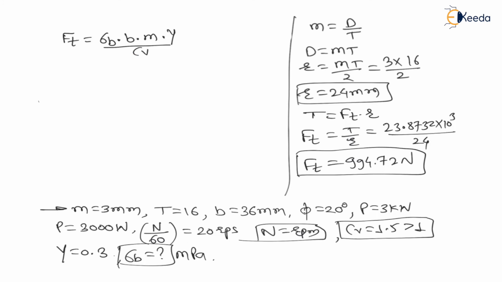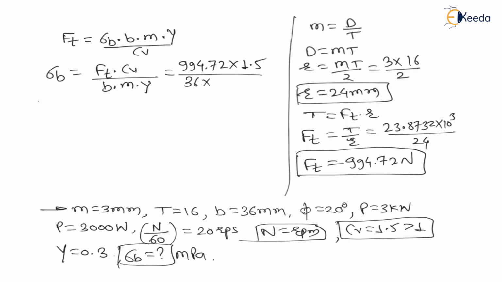Therefore put here values. Therefore this sigma b will be equal to Ft into Cv divided by B m into y, which is nothing but Ft calculated as 994.72 into Cv is 1.5 divided by B. The B is given, face width is given 36, module is given 3, and Lewis form factor y is given 0.3.